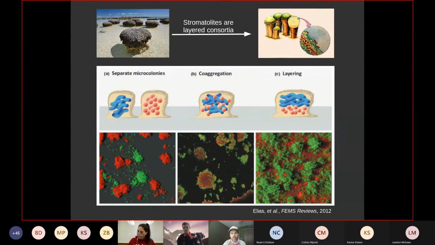Okay, so there's an anaerobic layer that can't tolerate much oxygen, and it's sealed in by this green layer. Okay, and so it's just kind of growing, and they're doing each other a favor. All right, so all these prokaryotes, if you stick them near each other, they can use each other's metabolic products. If you grow them all together, it's the same thing, or you can layer them and get really complex consortia.